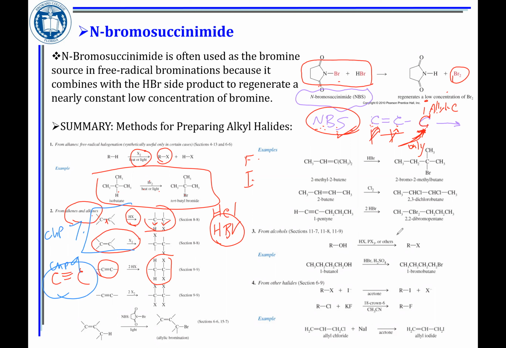The one reaction I want you to be aware of, which you may not see anywhere else, is adding PBr3. PBr3 would halogenate an alcohol. It replaces OH with Br.